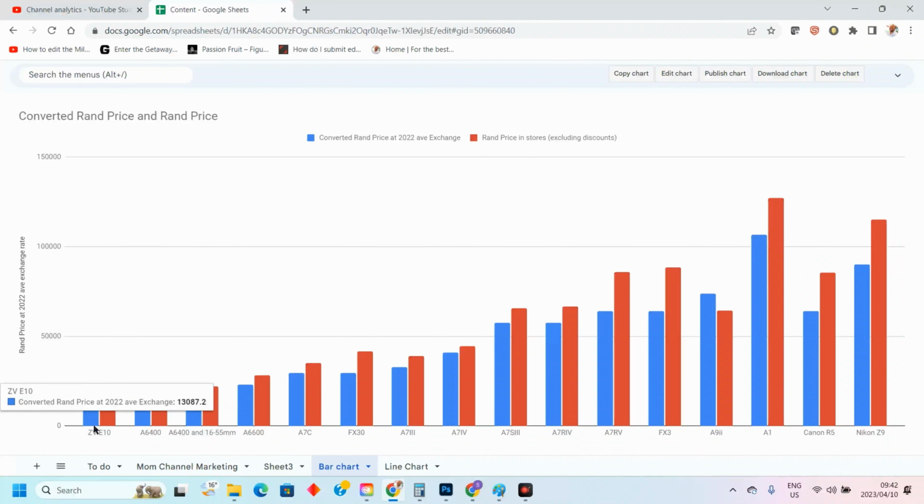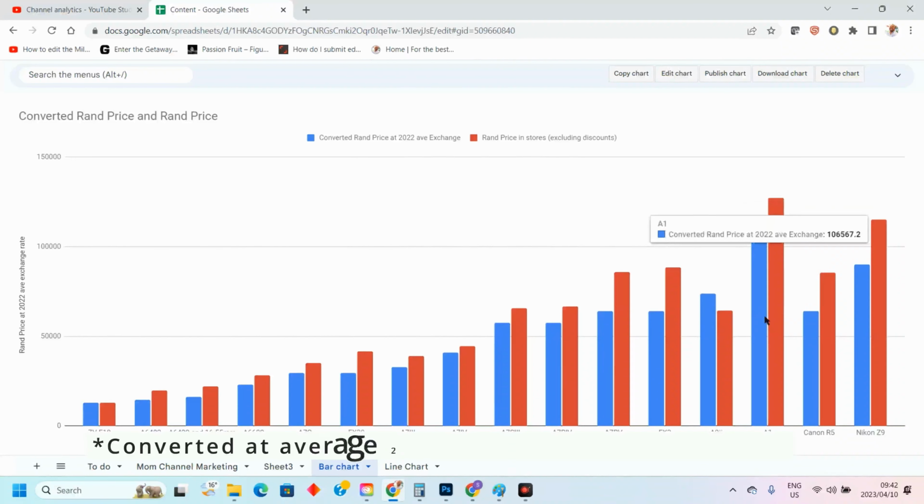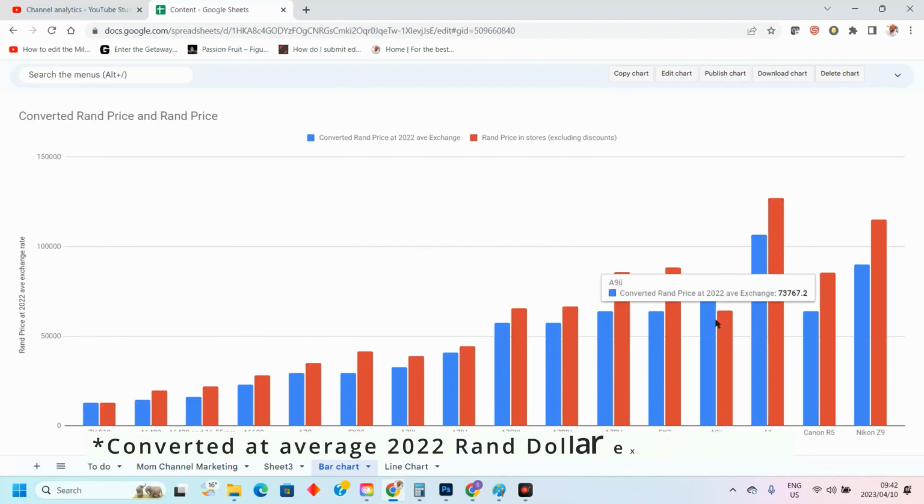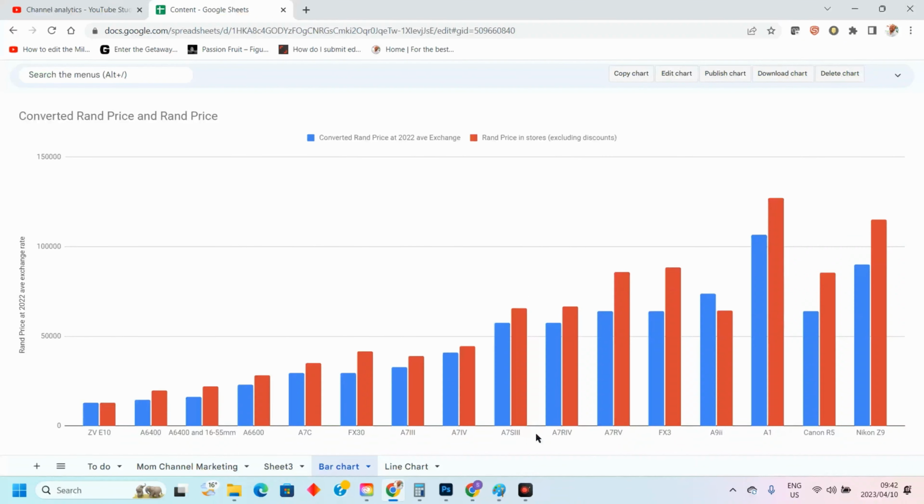As you can see here, the Sony ZV-E10 is parity, but for all of the other cameras, the red bars represent the price in the shops and the blue bars represent a straight conversion. You can see that the red bars are almost always higher than the blue bars because of those import taxes and duties.